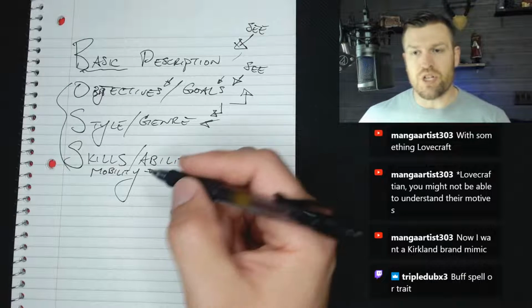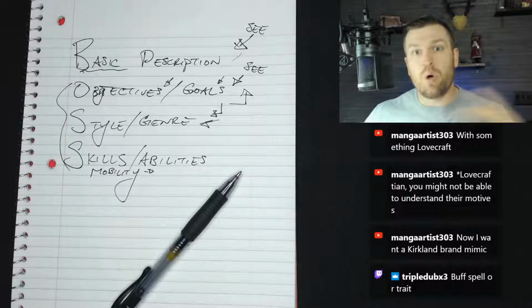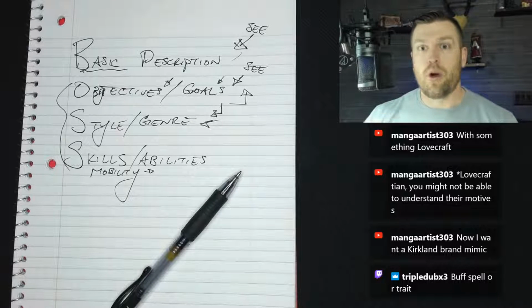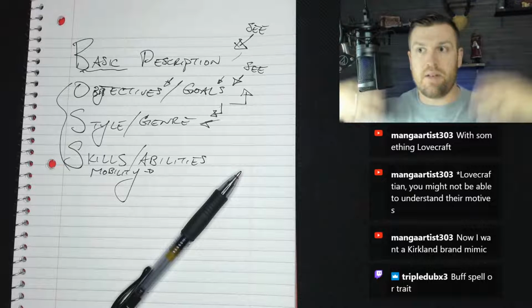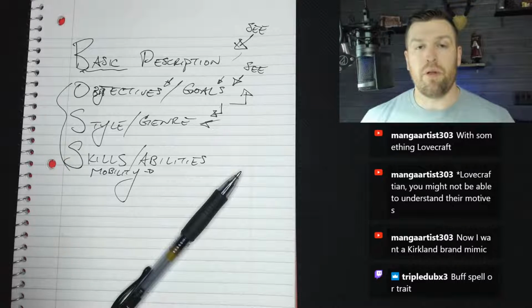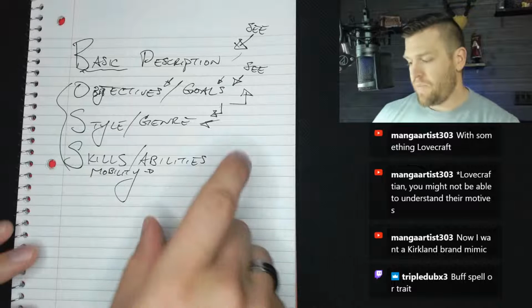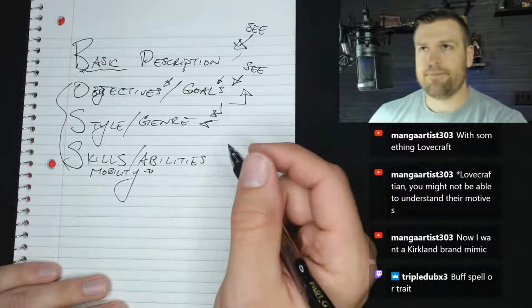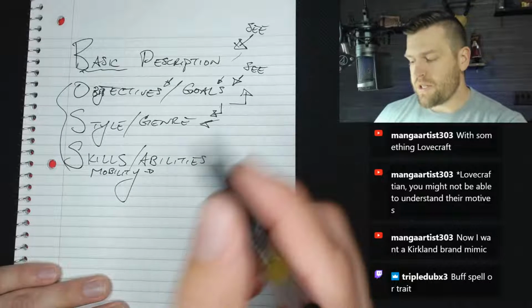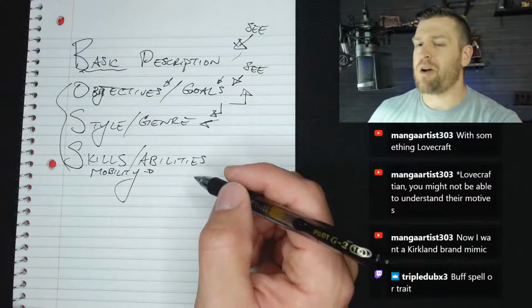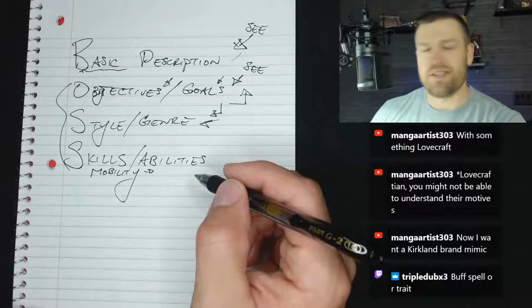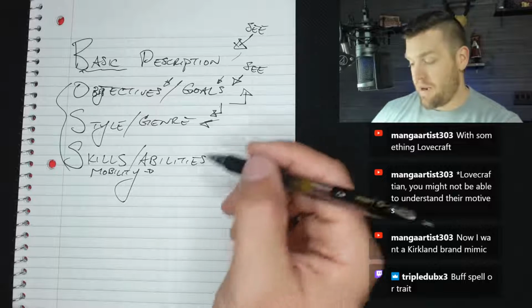That could be huge, especially if you've got 10 mooks on the table. You're able to activate them again, potentially dealing double the damage before they're wiped out. And maybe we won't talk about that. This is about the villain right now, not about how we handle combat. I'll have to do a separate video on how I handle combat.